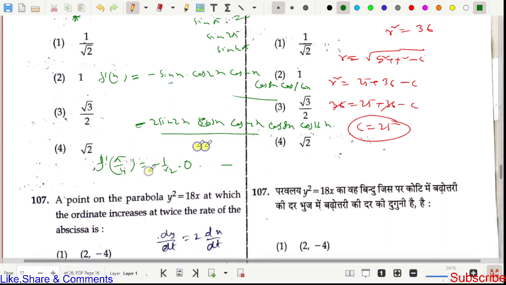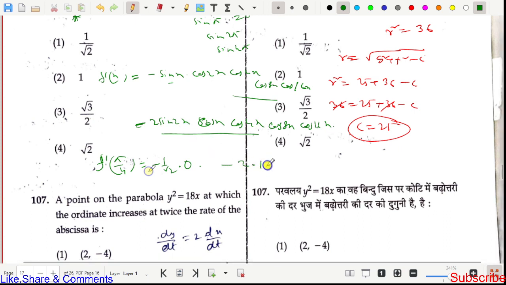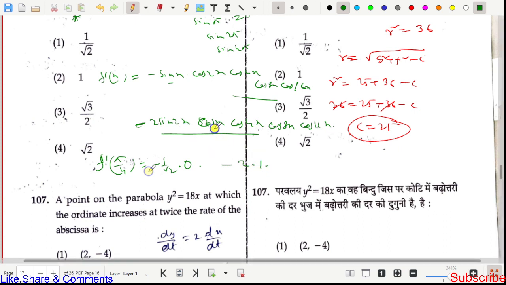Now coming to here, 2 into sine 2x, that means sine pi by 2, that means 1. Then cos pi by 4, that is 1 by root 2. Then cos 4x, cos pi value is minus 1. Then cos 2 pi value is 1, and then cos 4 pi value is also 1.